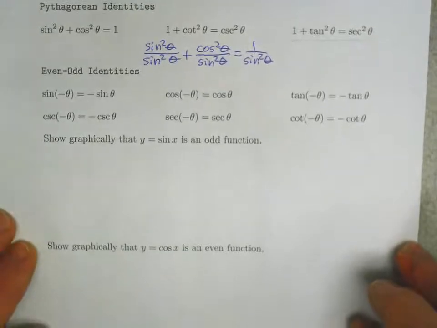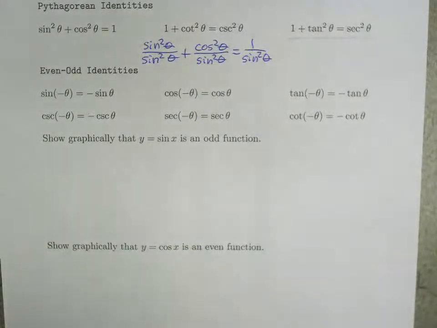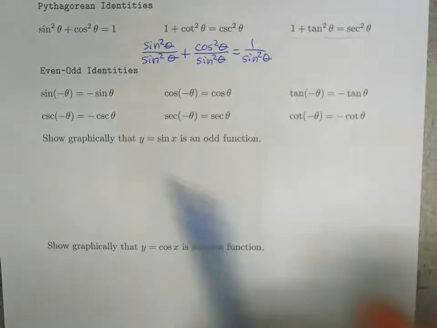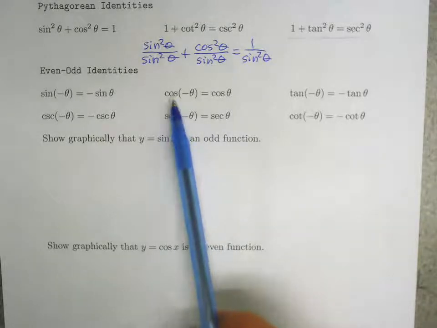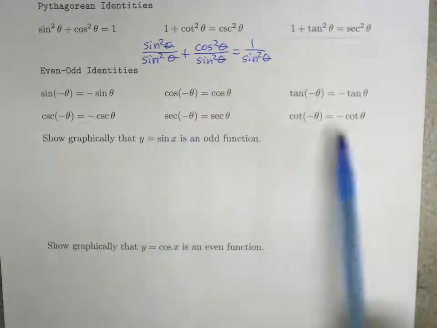Okay, remember that the sine function is an odd function, and so is the reciprocal function cosecant. Sine and cosecant are both odd functions. Cosine is even and its reciprocal is even.